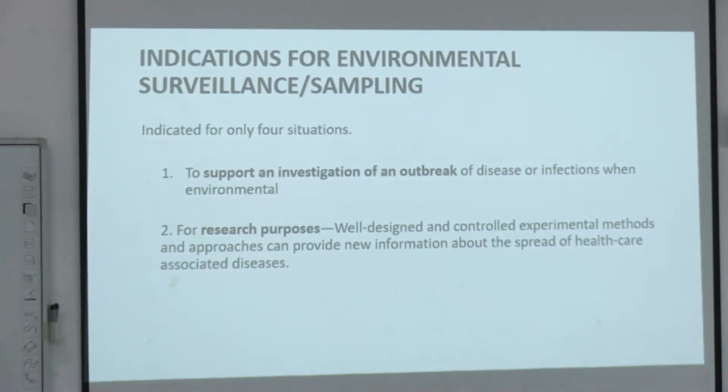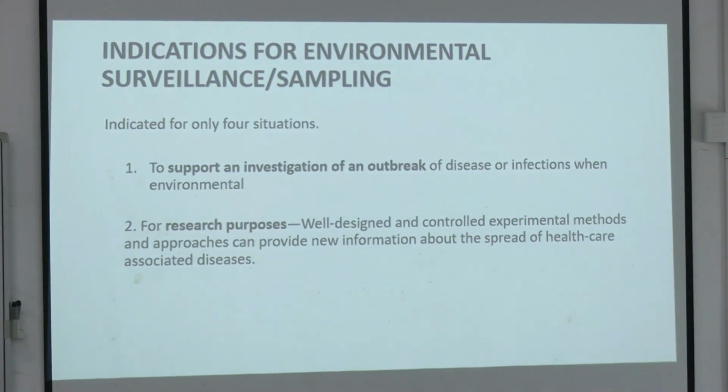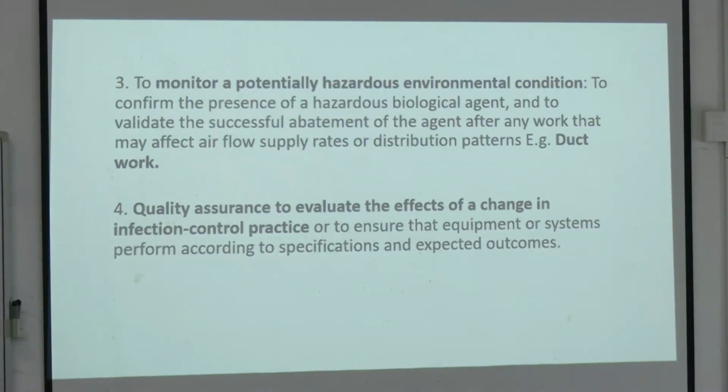So you need to learn what is an outbreak, what is an epidemic, what is a pandemic. These are all three different things. Whenever your hospital is having an outbreak, you need to have surveillance cultures from all three: air, water and surface. When your hospital is going for research and development also, you can have these surveillance cultures.